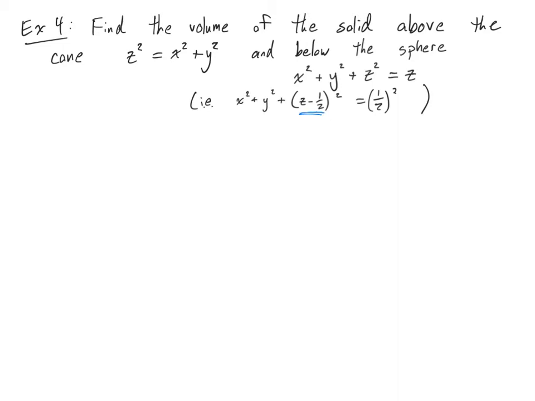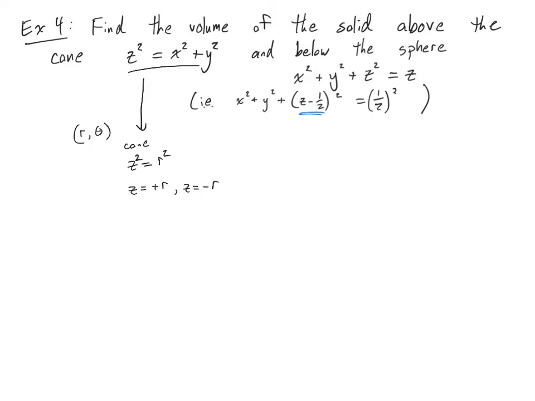So the way I prefer to think about this problem is by first changing my x's and y's already to polar. So let's just go to r and theta, and so my cone looks like z squared equals r squared. So z equals plus r, z equals minus r.